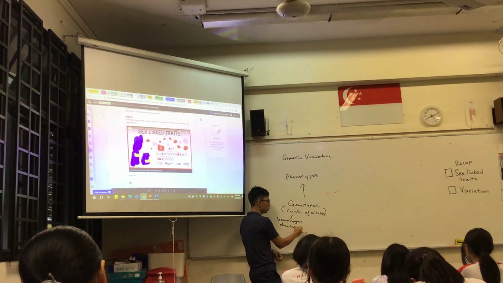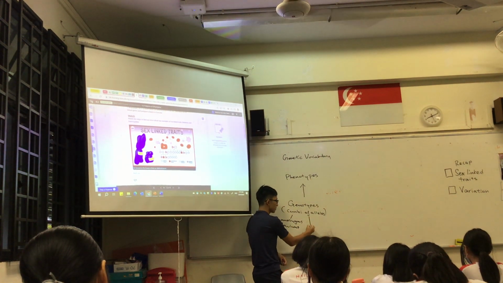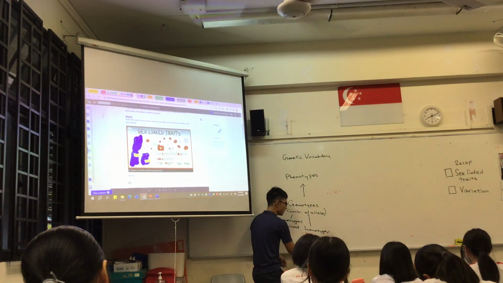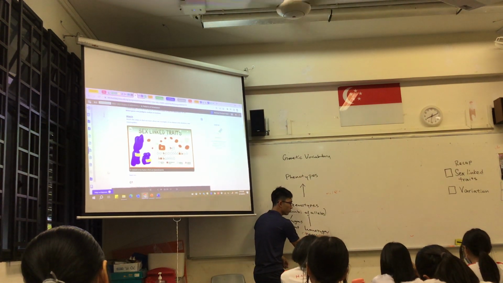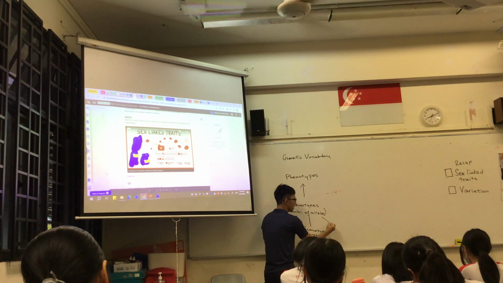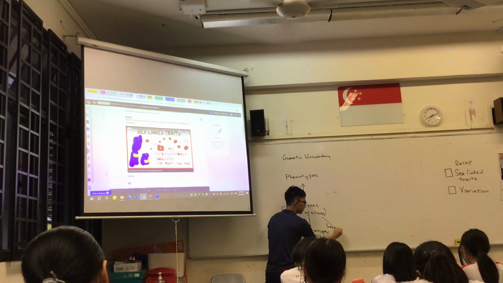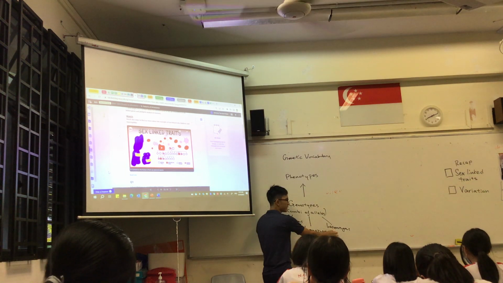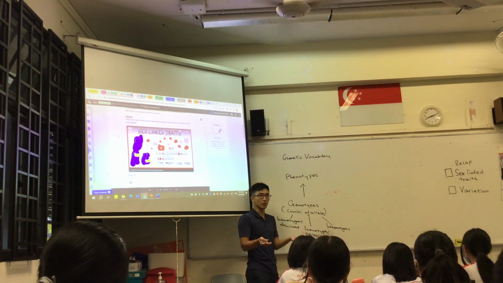That's if you find two dominant alleles together. You can describe it as homozygous recessive if you find two copies of the recessive allele. Last but not least, you can describe it as heterozygous. No need to include dominant or recessive. Heterozygous implies there are two different copies.